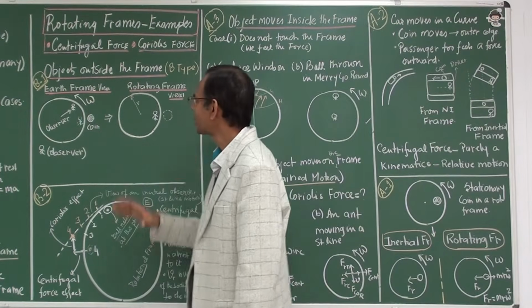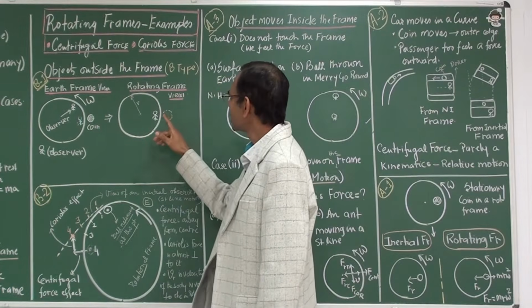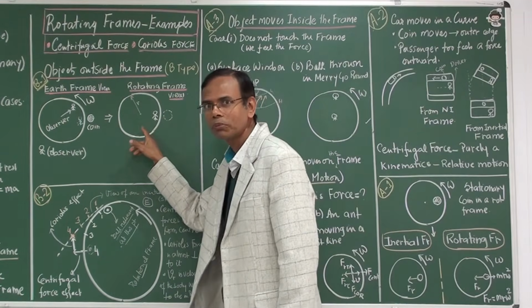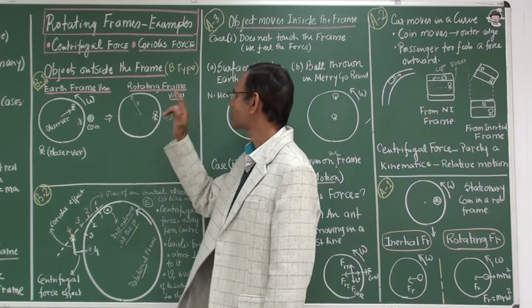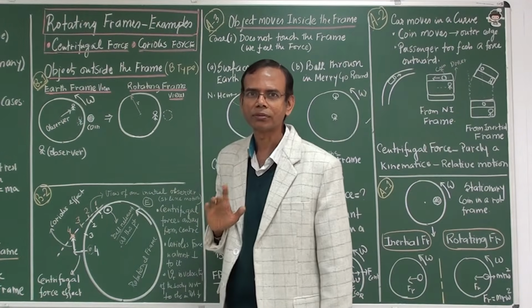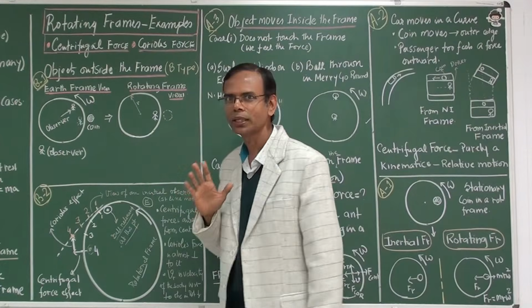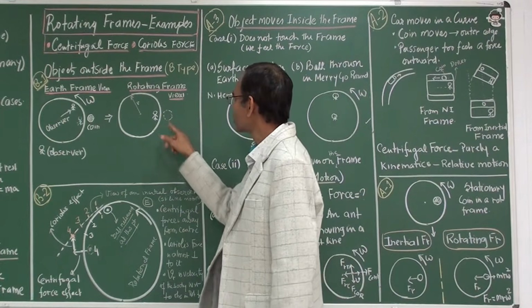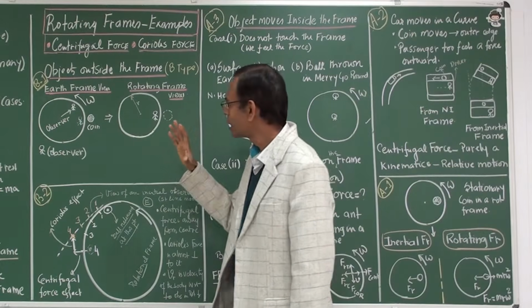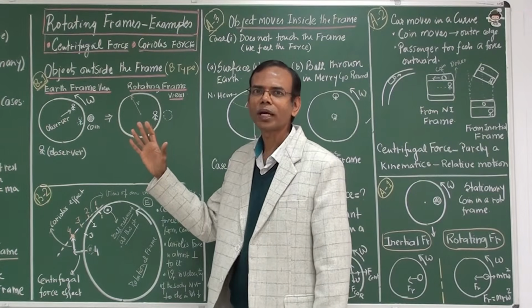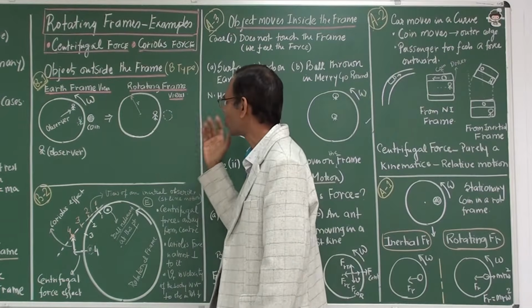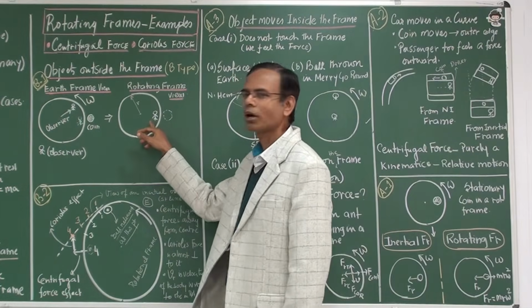Now, in the rotating frame, in the frame of the observer, what will he observe? That is the question. So here I have kept the coin. Can you tell me in which direction the coin will go? What is his observation?